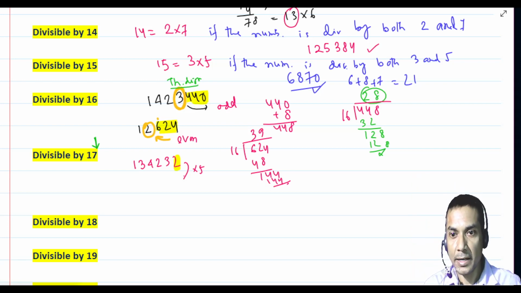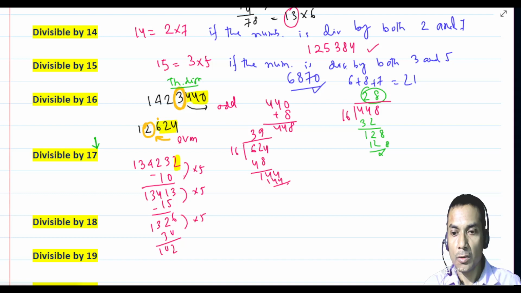So 2 times 5 is 10, 13423 minus 10 gives 13413. Again multiply the last digit 3 with 5, that is 15, and deduct it.